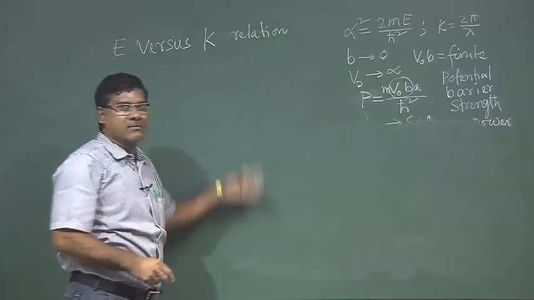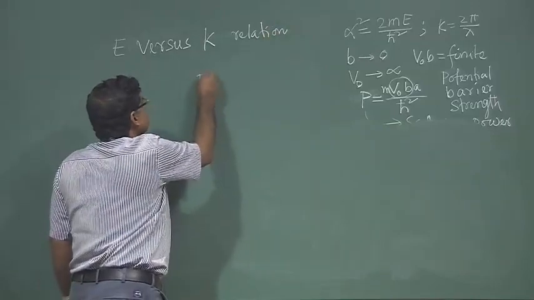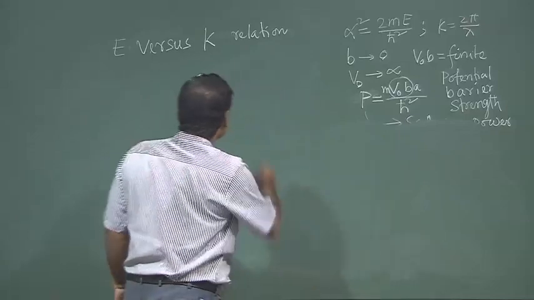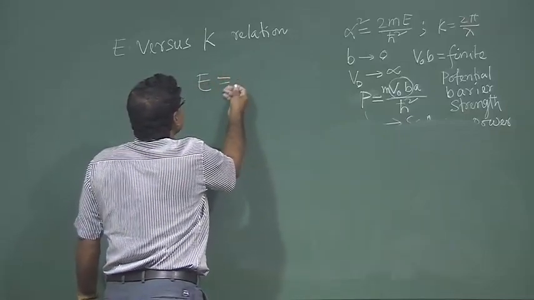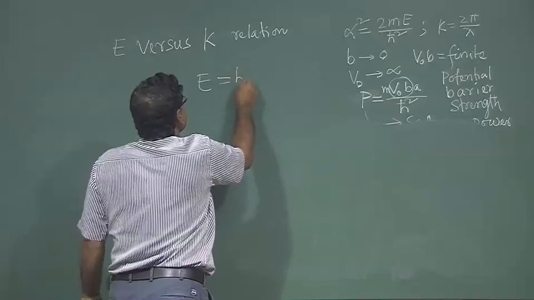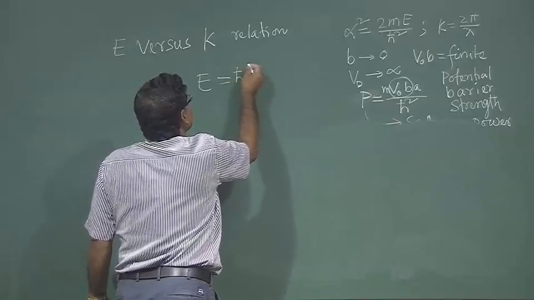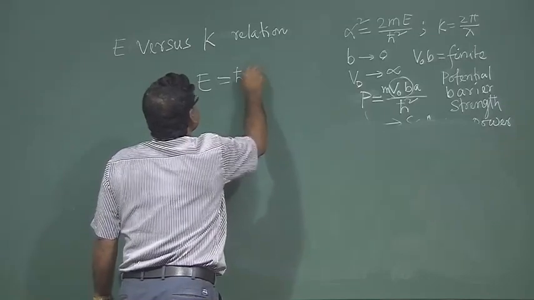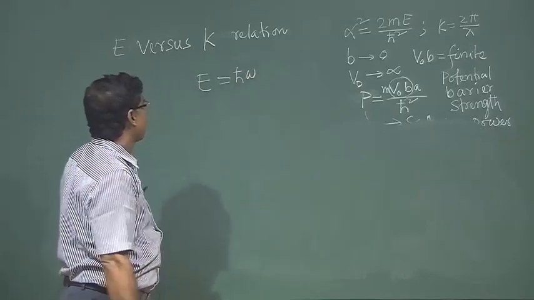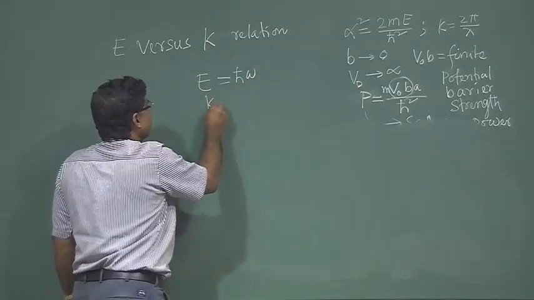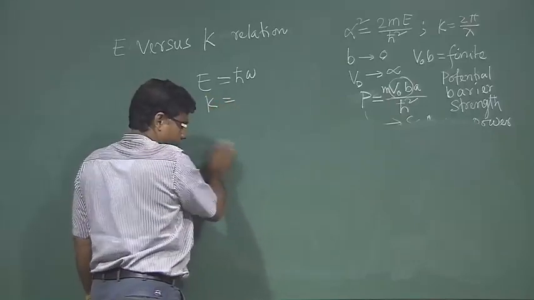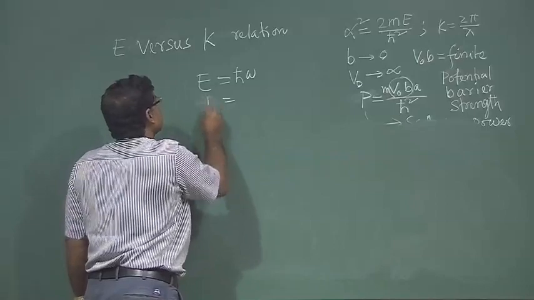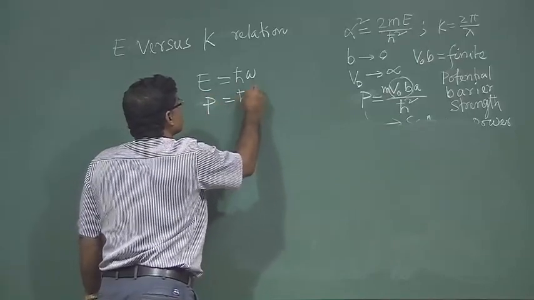For a free electron, one can write energy equal to h cross omega, and momentum p equal to h cross k.